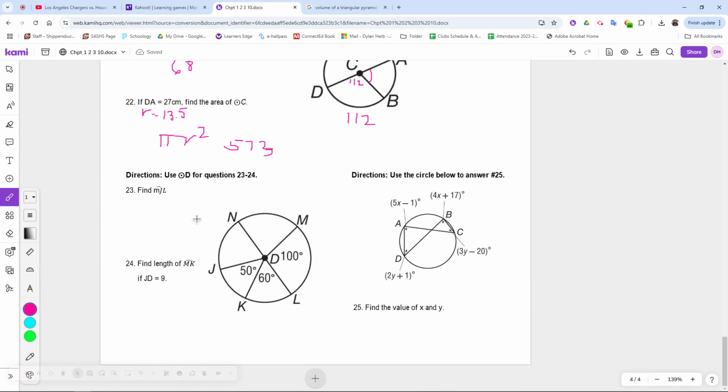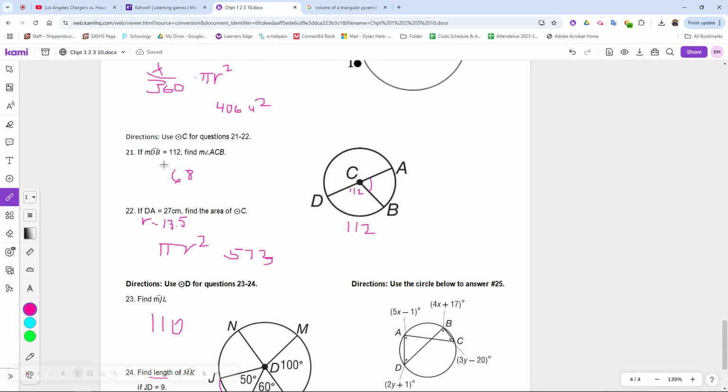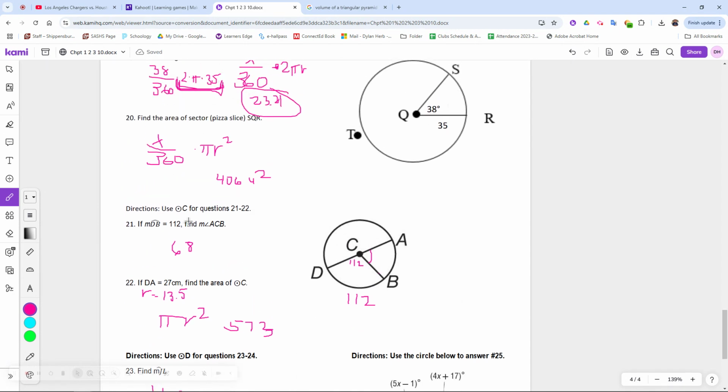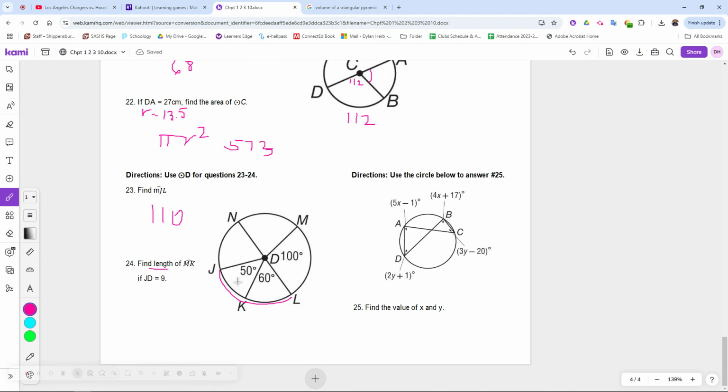Last couple here at the bottom. The measure of arc JL. Well, remember, arc measure is the same as the central angle, so that's 50 plus 60, which is 110. Arc length, we're using the same formula we did up here. So our central angle over 360 times the circumference.